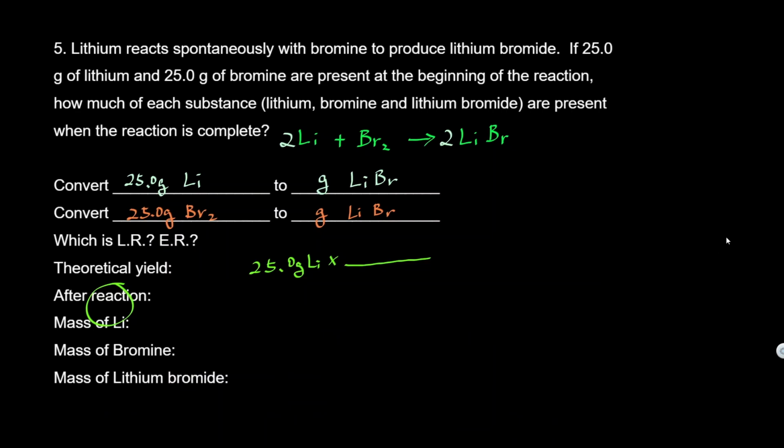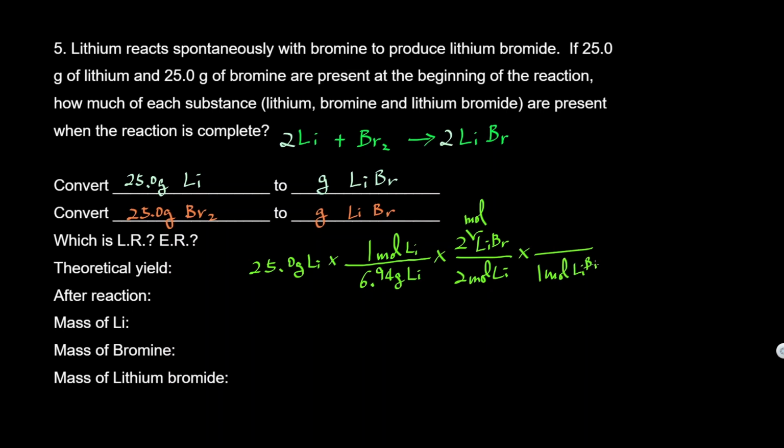So 6.94 grams of lithium is 1 mole of lithium. Then when you look at this balanced equation, 2 moles of lithium goes to 2 moles of lithium bromide because that's the product. And then there's more. 1 mole of lithium bromide.